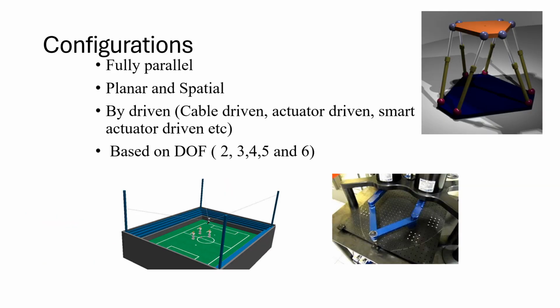So here, fully parallel robots are the robots which have an equal number of chains and degrees of freedom, that is, the number of chains is equal to the degrees of freedom of the end effector. So that we call a fully parallel manipulator. It can be either planar or spatial, right?